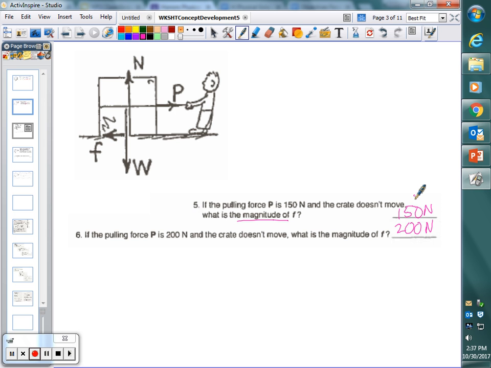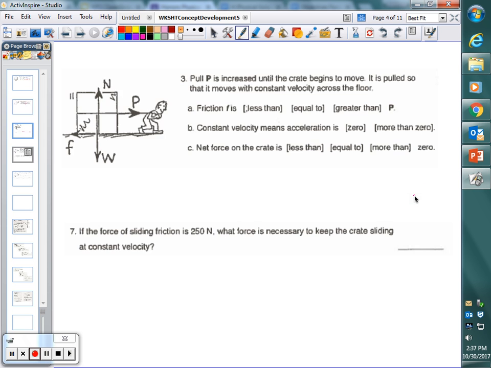Okay. The next question can be a little confusing. It says, the pull is increased until the crate begins to move. But that's not what this question is about. It's not about the crate first starting to move.